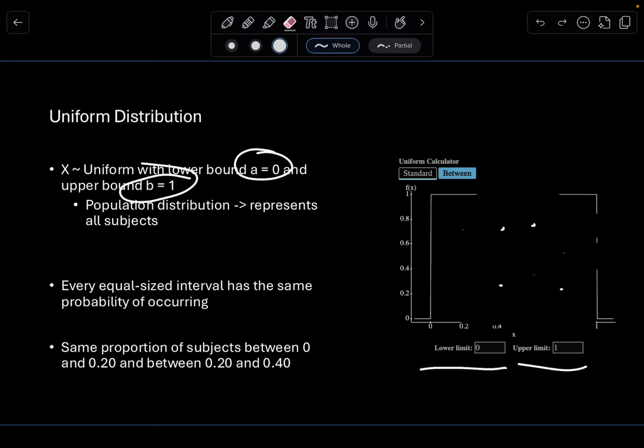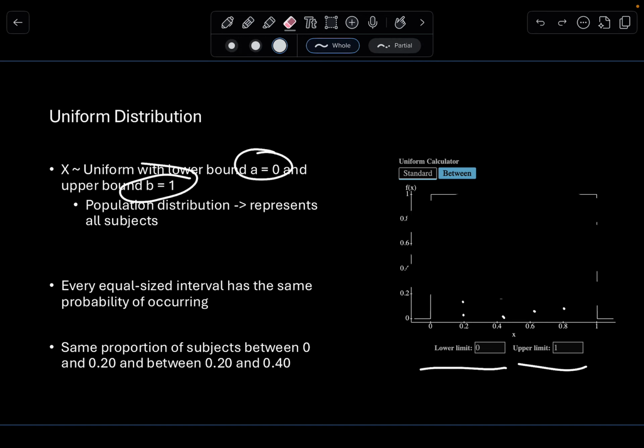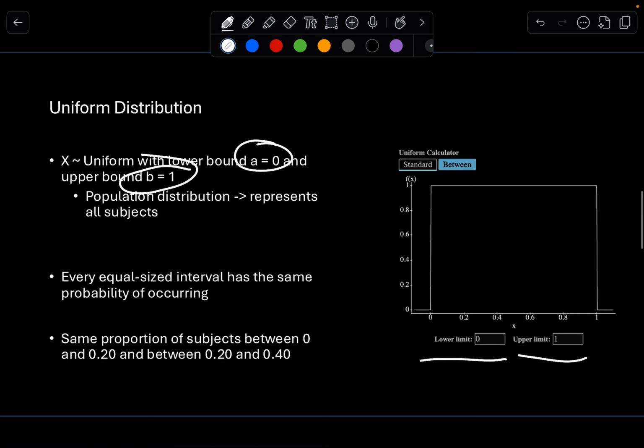Everything under the curve is equally likely. Every point is equally likely. And the mean here would be 1/2, just the direct middle. It's symmetric, so it's the direct middle.